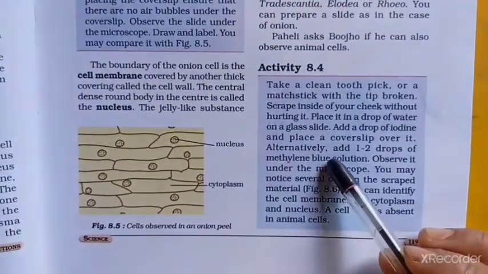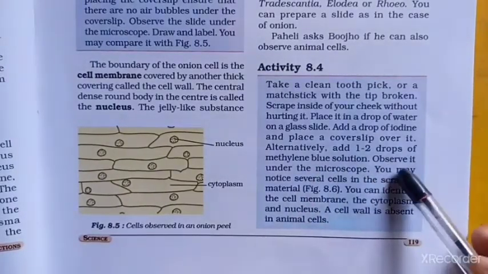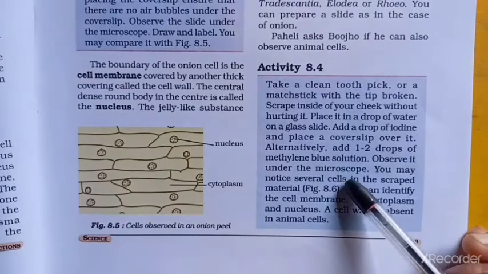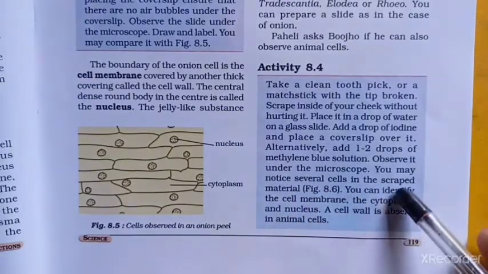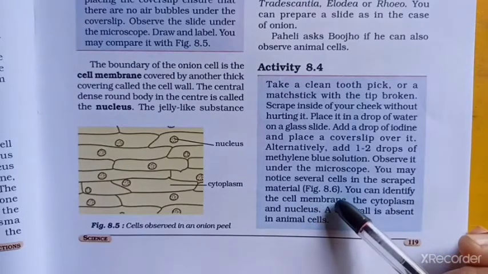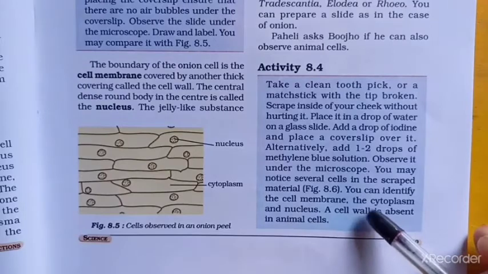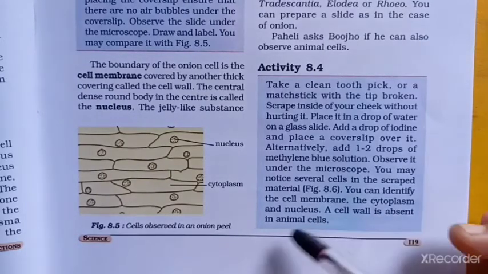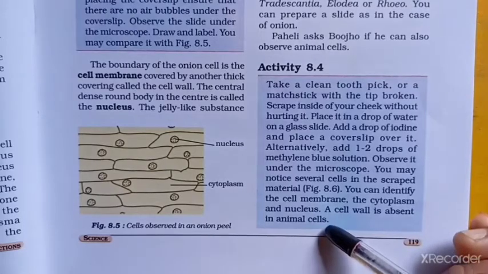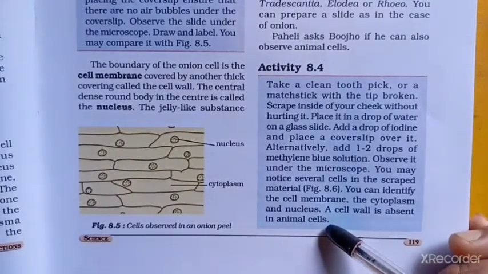Alternatively, add 1 to 2 drops of methylene blue solution. Observe it under the microscope. You may notice several cells in the scrap material. Figure 8.6. You can identify the cell membrane, the cytoplasm, and the nucleus. A cell wall is absent in animal cells. So, as I already told you, cell wall is absent in animal cells.